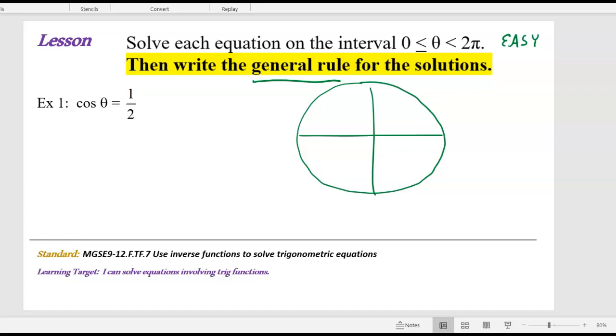So if I go to where the x-coordinate is 1/2, I'm here, I'm at pi over 3. And then there's the second angle. There's another x-coordinate of 1/2. So that's down here. So that's at 5 pi over 3.